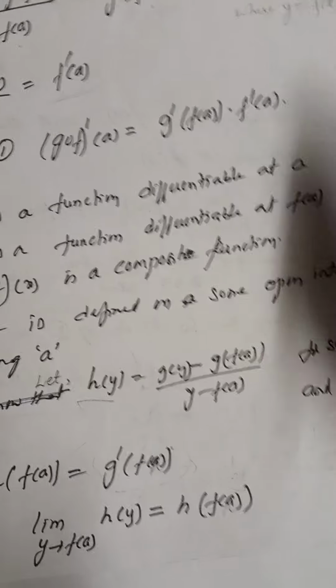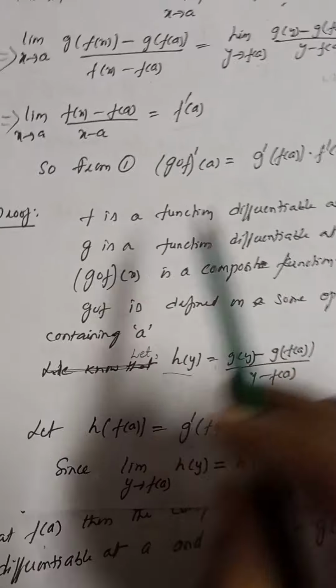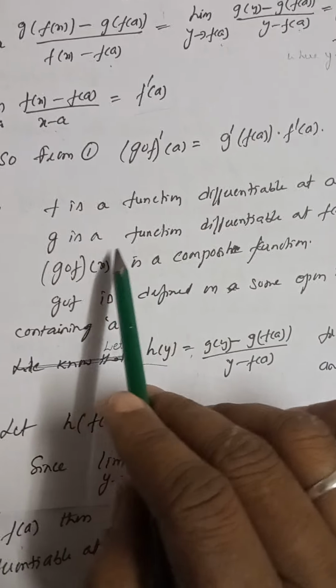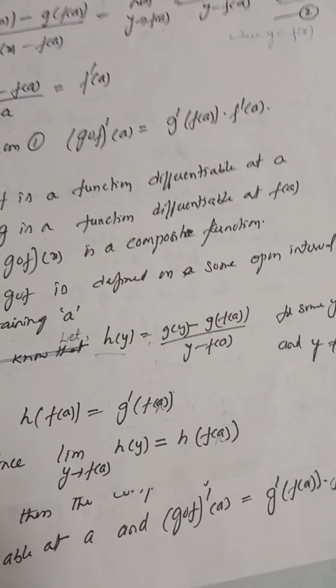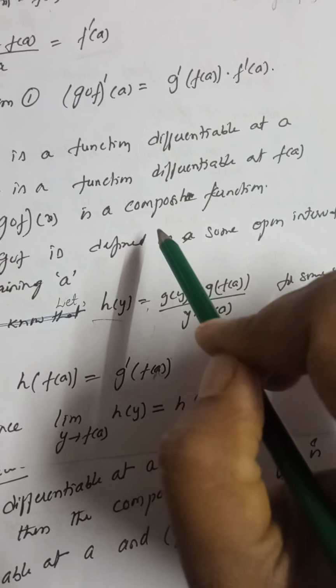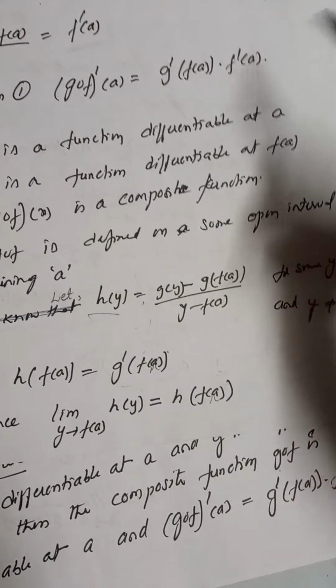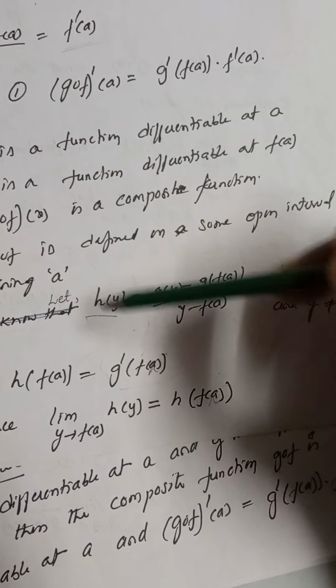Now the proof. Where f is, what is f? f is a continuous and differentiable function at x is equal to a. g is a function differentiable at f of a, right? Already it is given in the statement only. Now g circle f of x is also a composite function which is continuous. g circle f is defined on some open interval containing a.